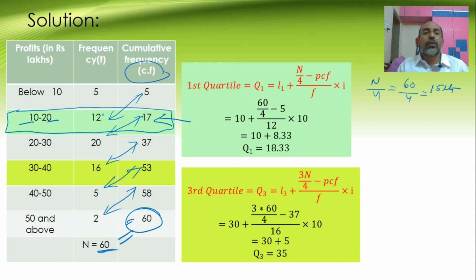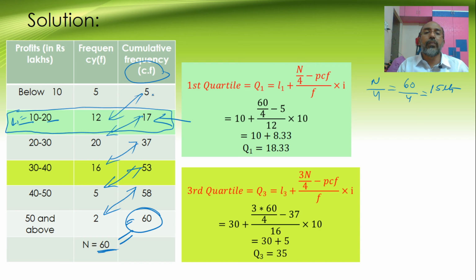Now you have to take the values of this row only, this class only. So Q1 is equal to L1, this is L1. n by 4 we got as the 15th term. Then PCF means the previous cumulative frequency, previous to this class.